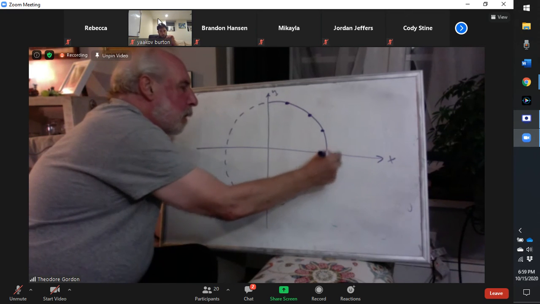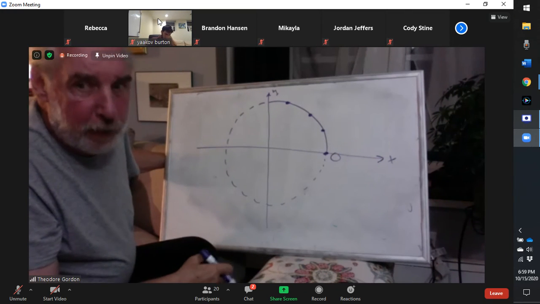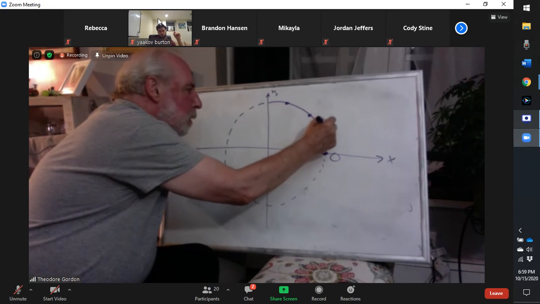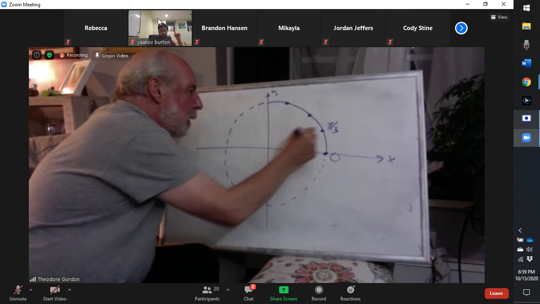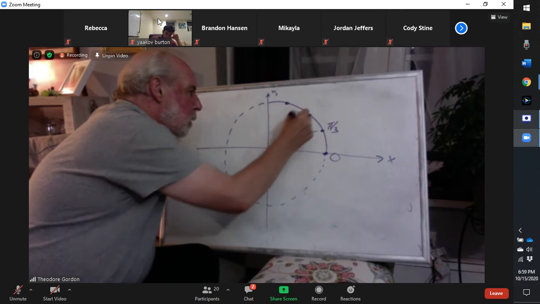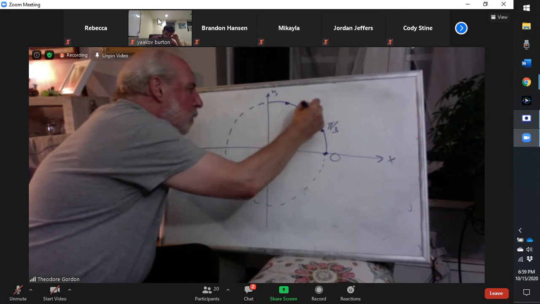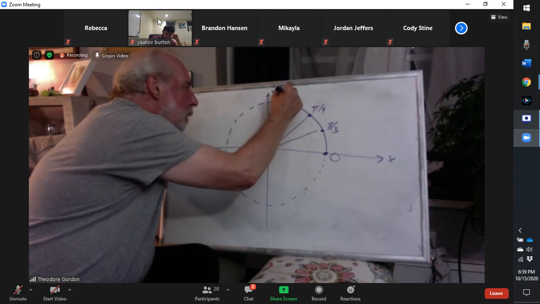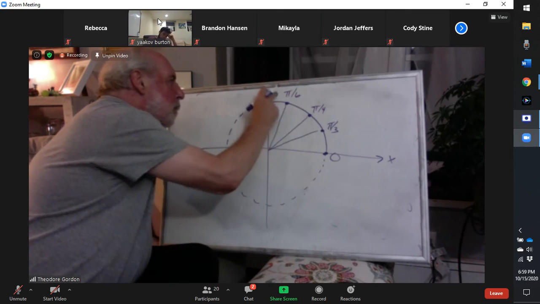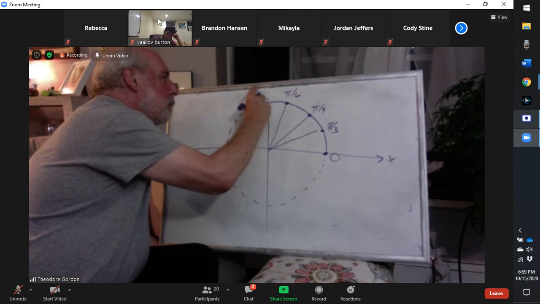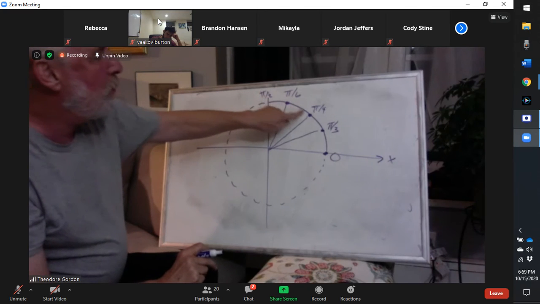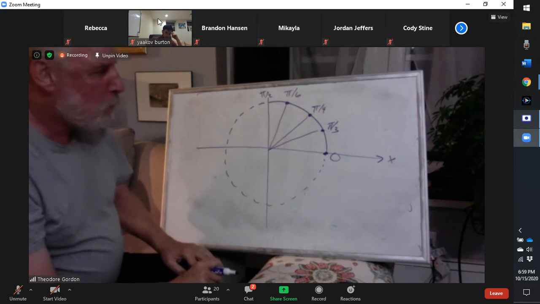So we have 0, and that's 0 degrees or 0 radians. The next angle up is pi over 3. The next angle is pi over 4. The next angle is pi over 6. And this last angle up here is pi over 2. So 90, 60, 45, 30, 0.